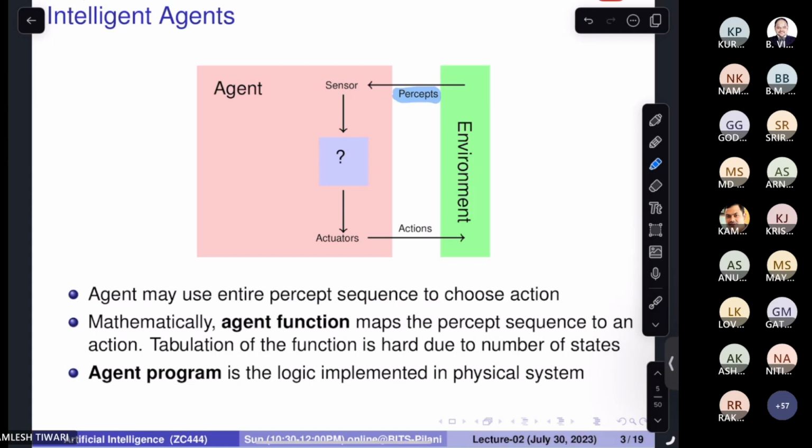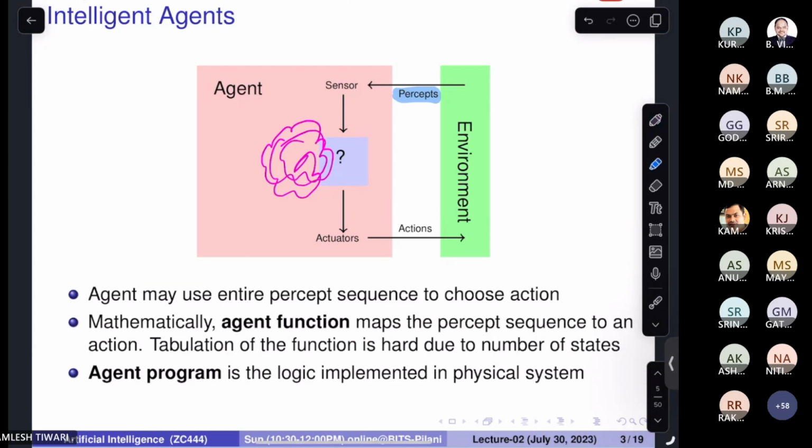After getting this percept, he does something. He tries to understand what action he should take, because he has to drive this environment in such a way that a final state can be reached. So he does some kind of computation and understands that he has to perform this particular action.